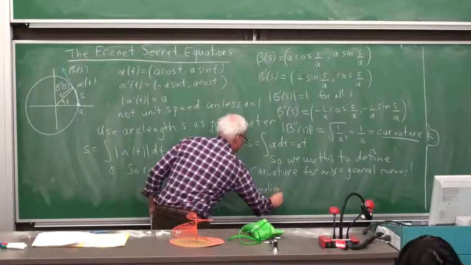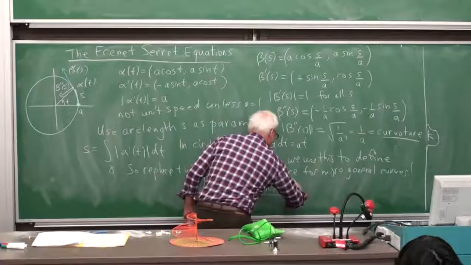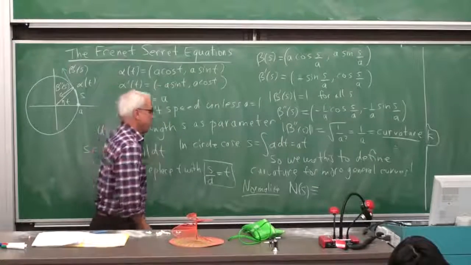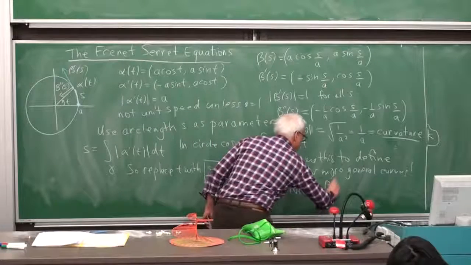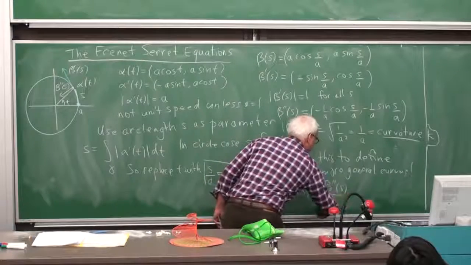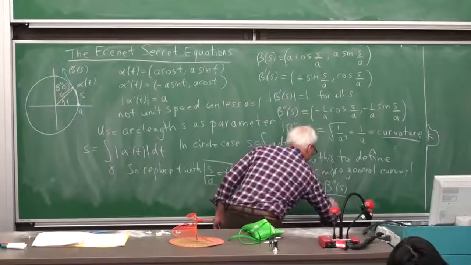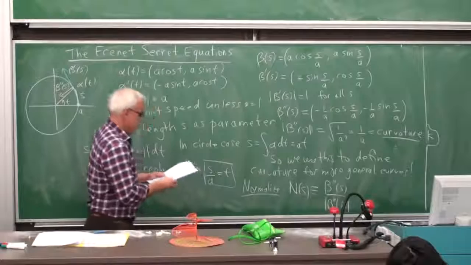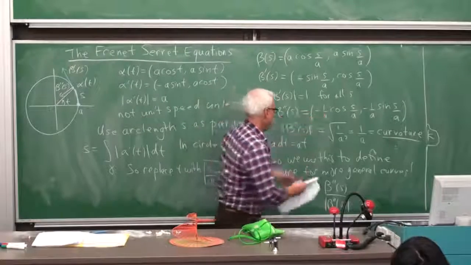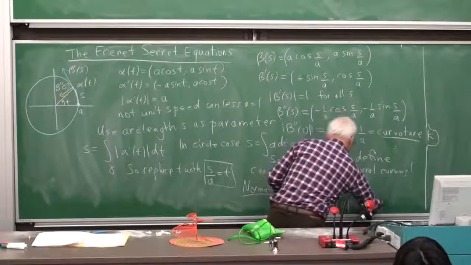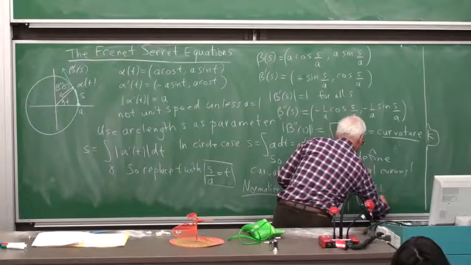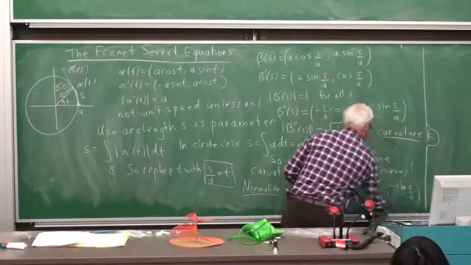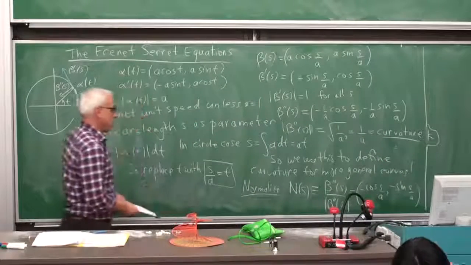So if we normalize and write, say, N of s, which is going to be beta double prime of s over the length of beta double prime of s, then that's going to be, well, we're just dividing by the 1 over a, so that's going to be just minus cosine s over a, minus sine s over a. That's going to be a unit normal.